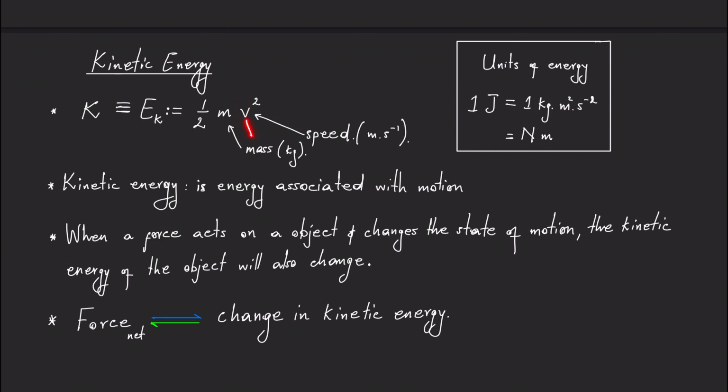And when you change the speed v, you will affect the kinetic energy. So now we could talk about acceleration from the perspective of kinetic energy. An object that is not changing its state of motion will have a constant, fixed kinetic energy. But when you change its state of motion, you will also change its kinetic energy.